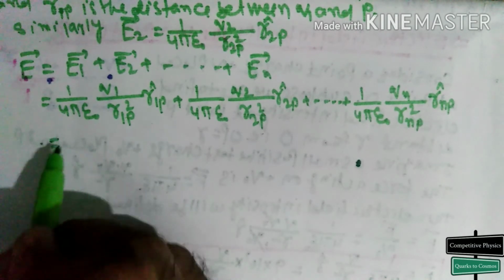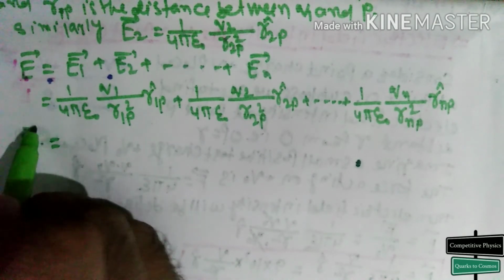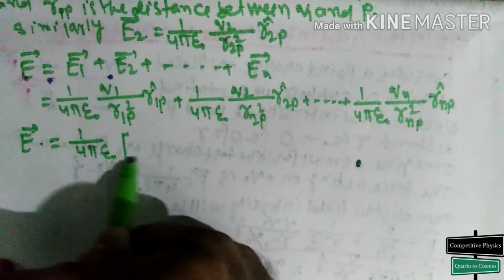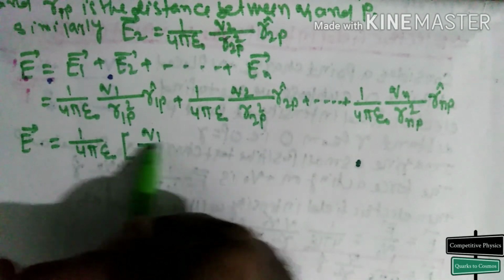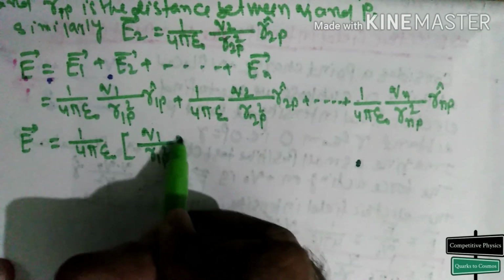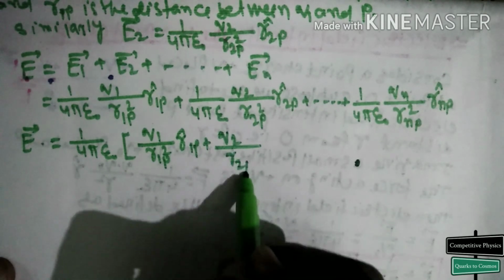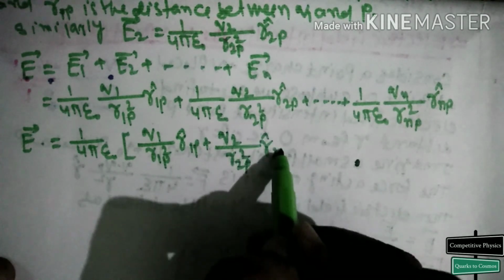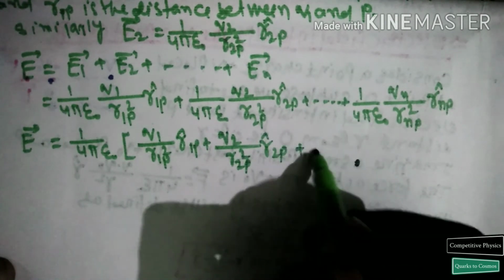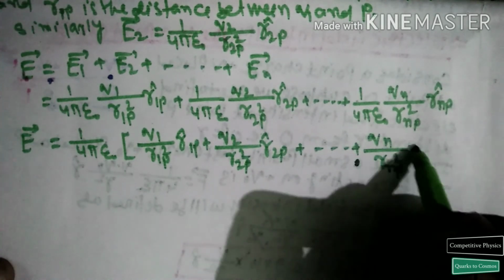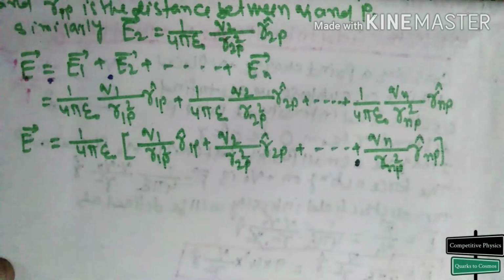So something is common that we can take out, and that is 1 upon 4 pi epsilon naught. So this will be Q1 upon R1p square R1p cap plus Q2 upon R2p square R2p cap plus and so on Qn upon Rnp square Rnp cap.